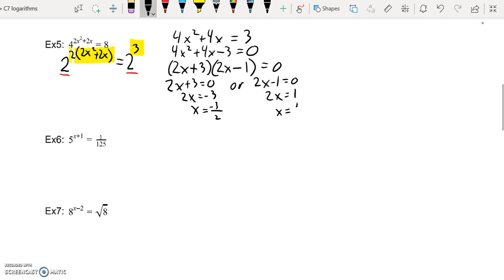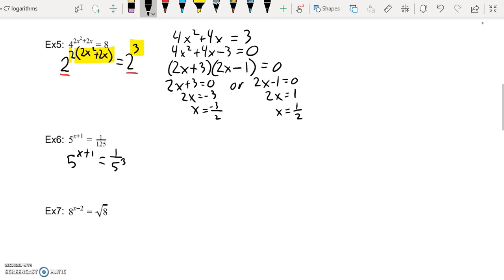In example 6, we have 5 to the x plus 1 equals 1 over 125. We're going to have to use all of our exponent rules as we work towards finding the common base in these problems. So 125 is 5 cubed.